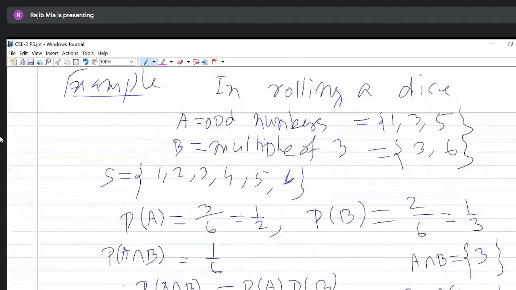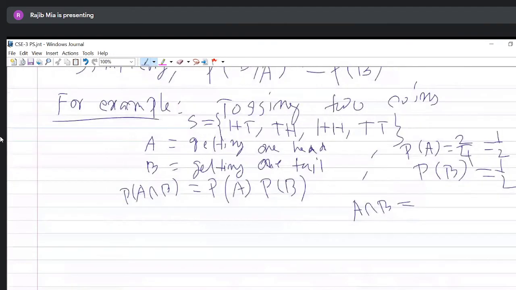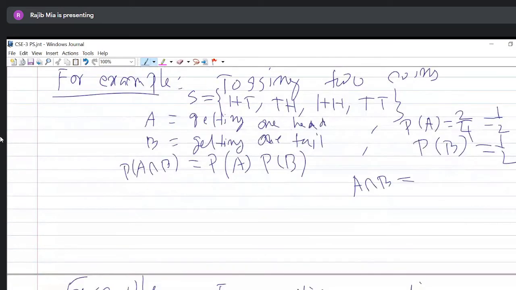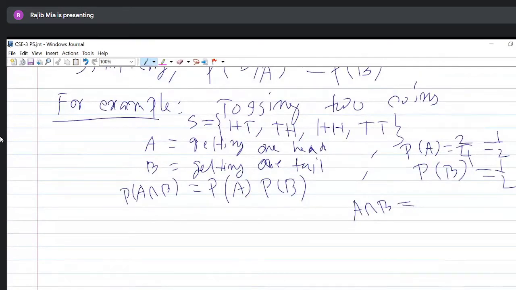Okay. So can you define similarly here two events A and B, so that probability of A intersection B equals probability of A into probability of B. Sir, A can be getting at most one head and B can be getting at most one tail.